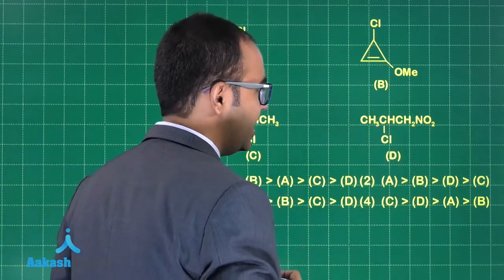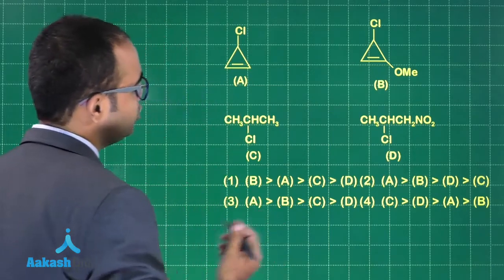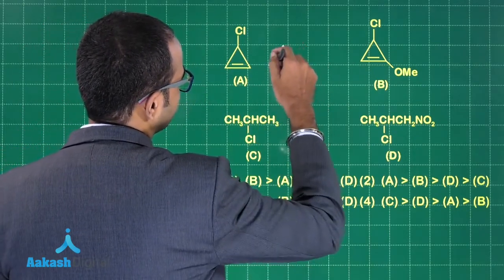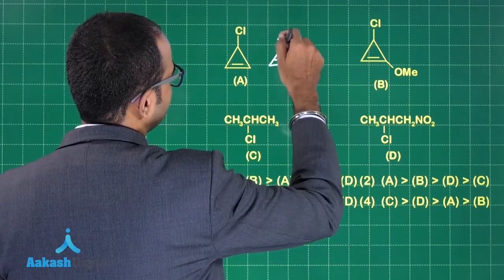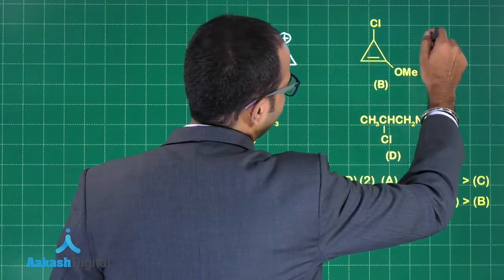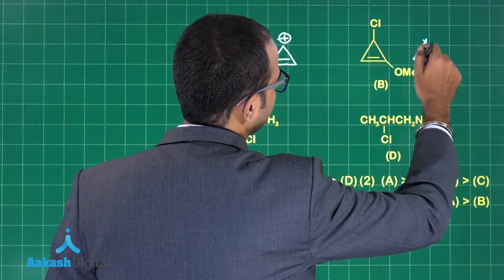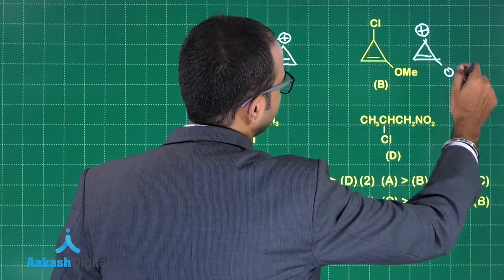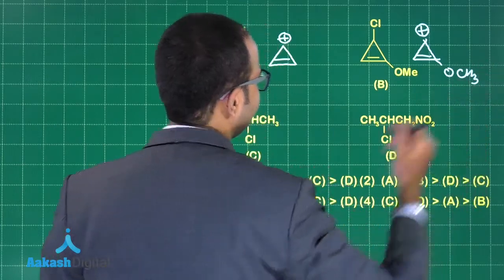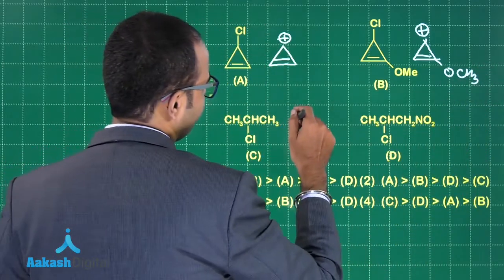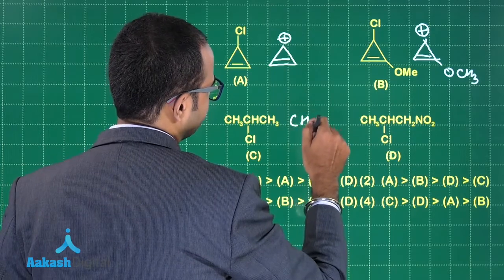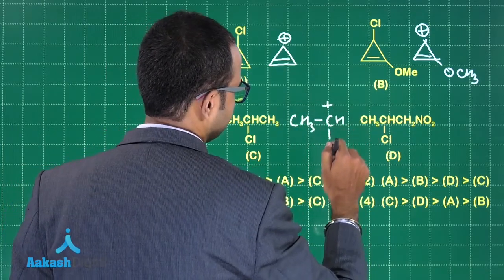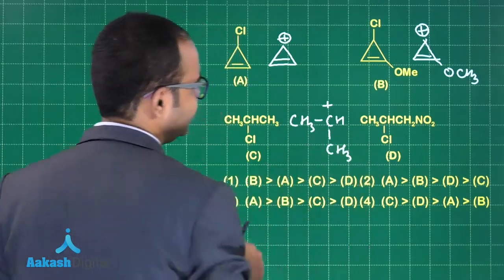So here let us look at the carbocations of these. Here I'll get a plus charge, right? In this case also I'll get a plus charge over here, that is a carbocation, and an OCH3. Here we'll get CH3, CH plus, and a CH3.